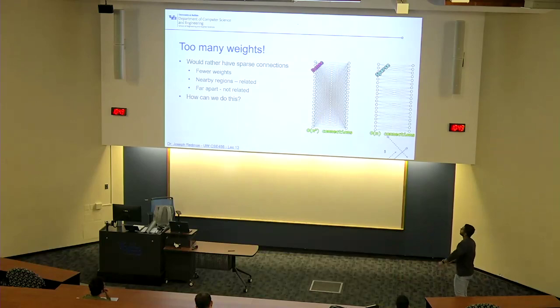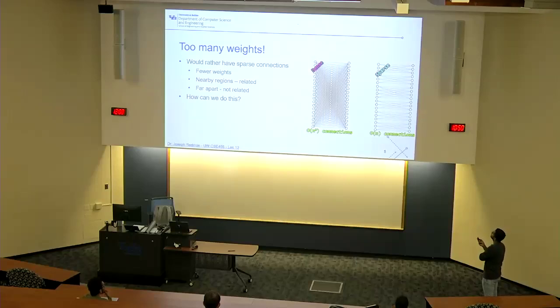So if instead we were able to look at only certain regions at a time and learn weights for those, that simplifies our computation a lot because we have far fewer connections, which takes us from n squared to n in this hypothetical case.